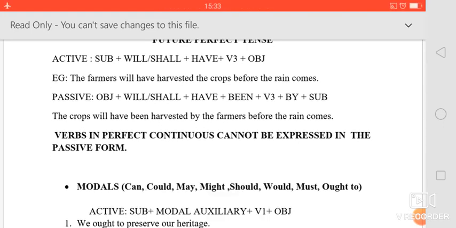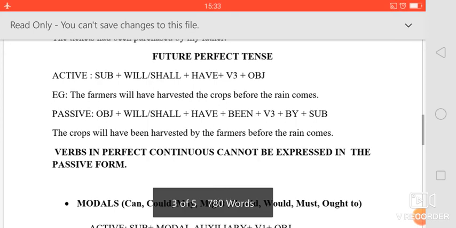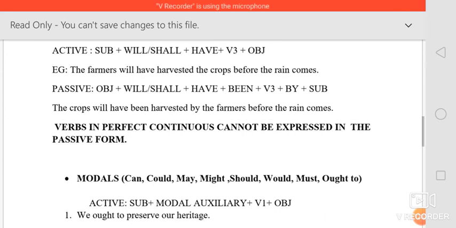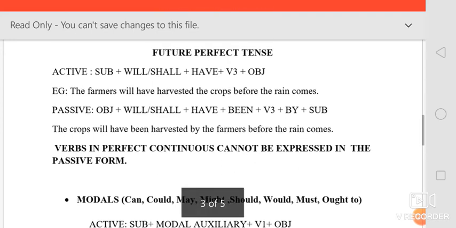Object first, then will or shall we have to select, then have is there, so we have to write that have also. Since it is perfect, we have to supply been, and then V3 plus by plus subject. So what will we write? The crops will have been harvested by the farmers before the rain comes, right?